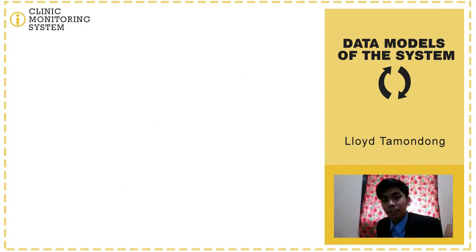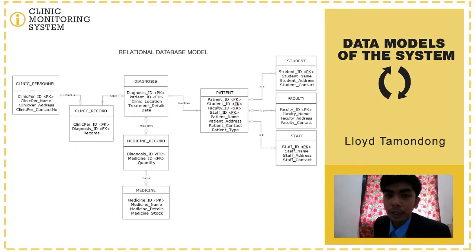Here in our relational database model, we talk about the relation of each table. First, in clinic personnel, we already know the attributes are the identifier for themselves. Usually, the clinic personnel has a name, address, and contact number. Between clinic personnel and diagnosis, their relationship creates an association of clinic records.